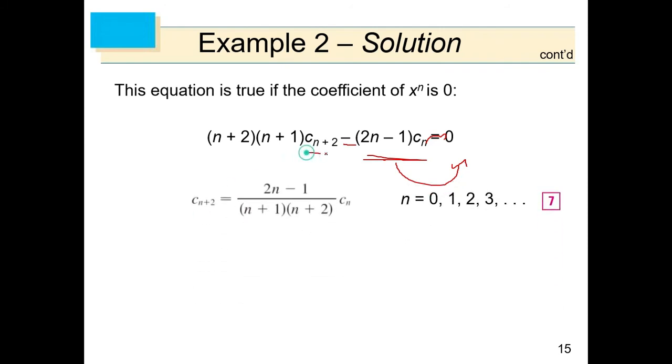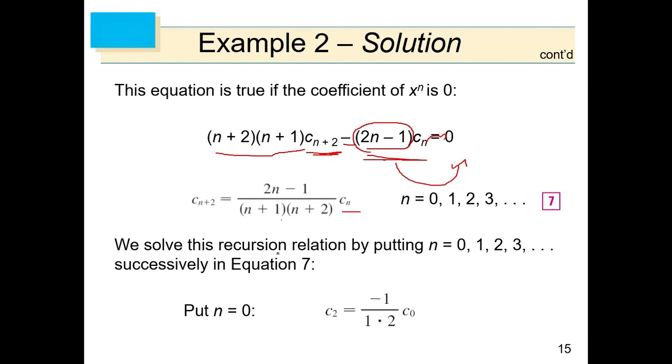So we get the value of Cn plus 2 is equal to (2n minus 1) Cn upon (n plus 1)(n plus 2), where n is equal to 0, 1 to infinity.